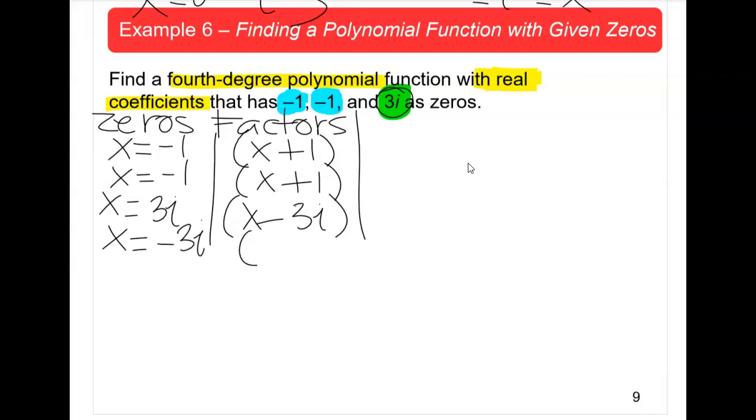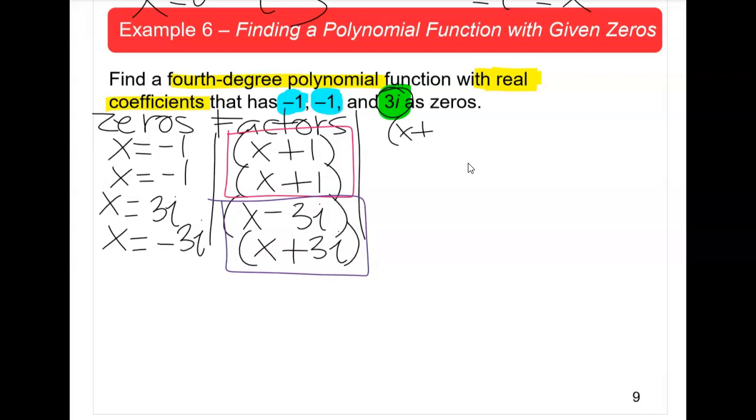So then the factor is going to be x plus 3i. What we're going to do is multiply these two first, and then we will multiply the two complex conjugates. So let's do that.